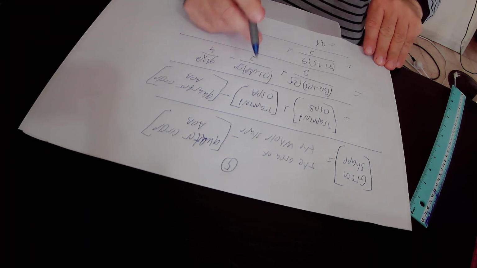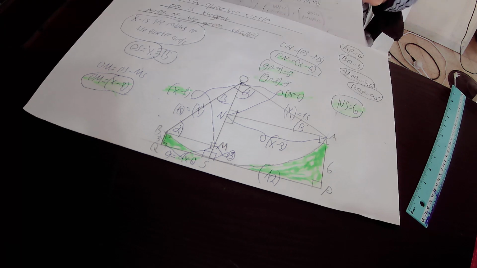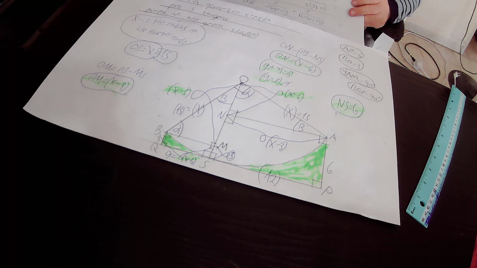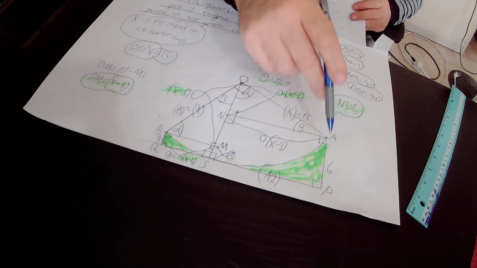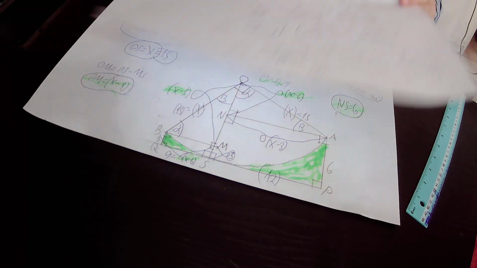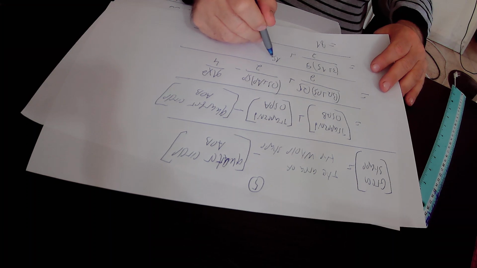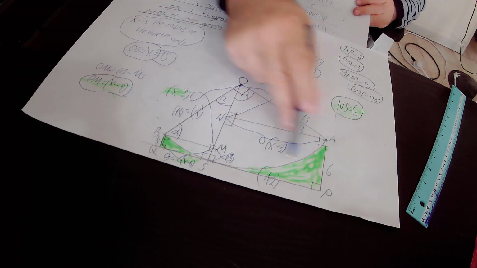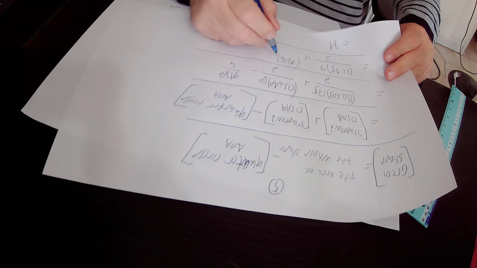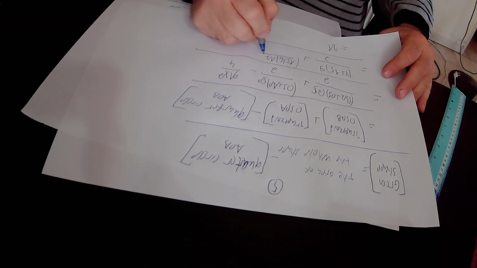Plus the area of trapezoid OSPA. The area of this trapezoid OSPA equals OS, that is 15, plus AP, that is 6, times SP. SP equals 12, divided by 2.